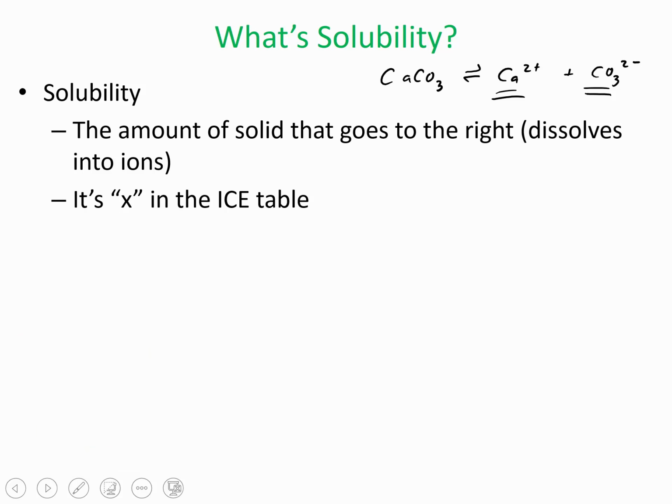It's the x in an ICE table. If this were turning into some type of ICE table problem, this would be dashed out because it's a solid, so it's not included in the expression.